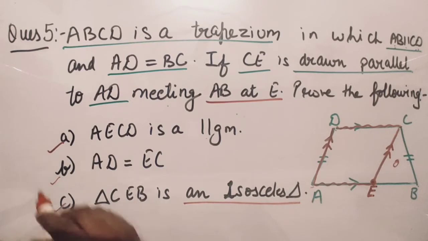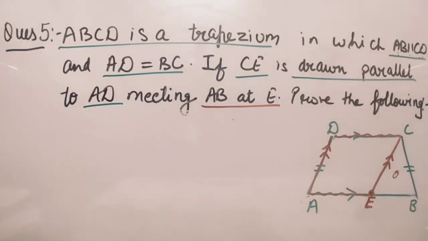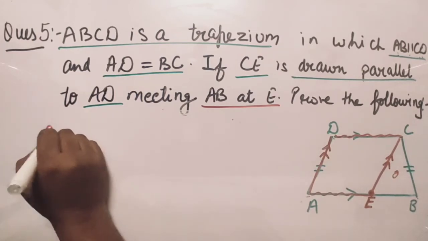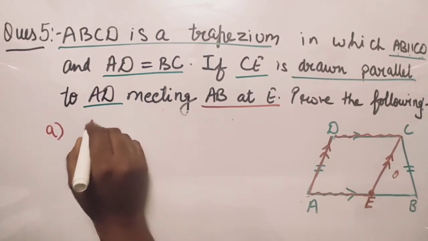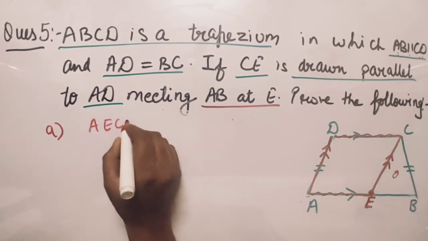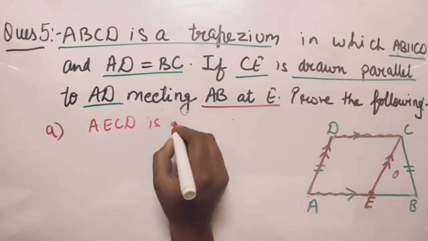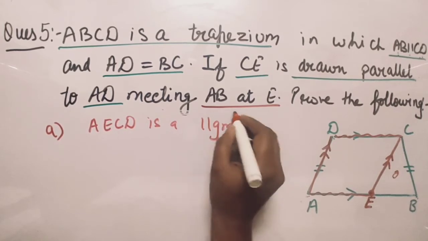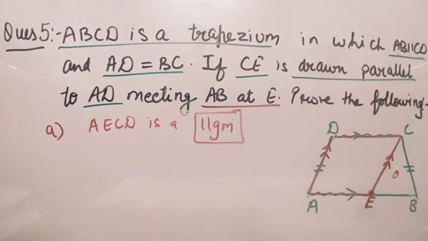So let's start with the first part of the question, that AECD is a parallelogram. The first thing we have to observe here is what we need to prove: a parallelogram.